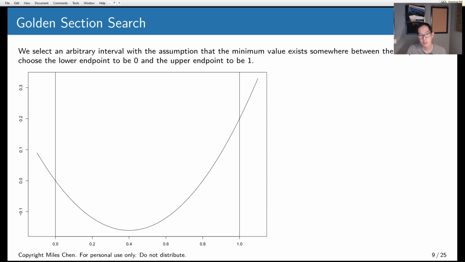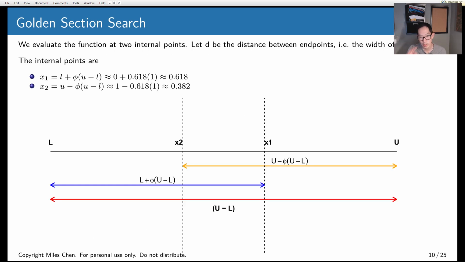So what I'm going to do is draw two interior lines. Okay, the interior lines are determined by using the golden ratio. So if you have your lower bound and upper bound, my golden ratio is approximately 0.618, so I'm going to go 0.618 of the way from the lower bound to the upper bound, and that's going to be location x1.